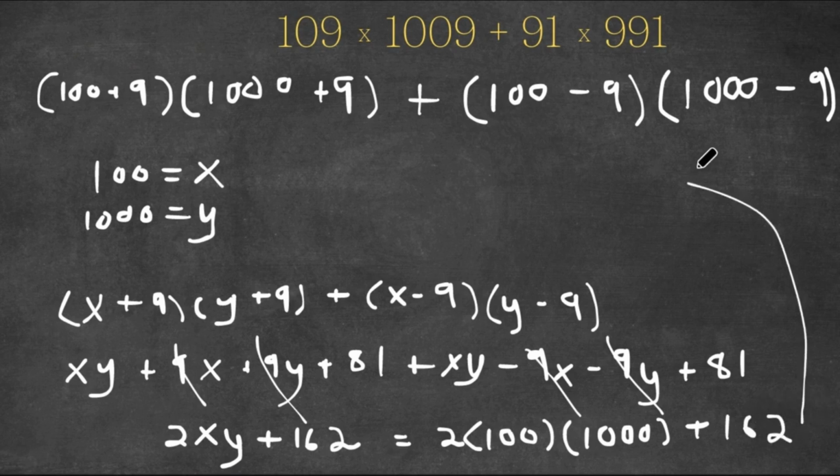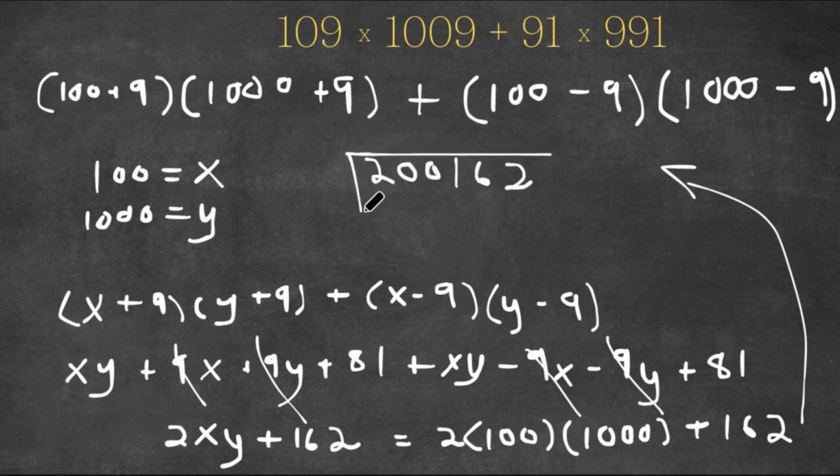Now, 2 times 100 is 200, and 200 times 1,000 is 200,000, and 200,000 plus 162 is 200,162. So 200,162 is our answer.